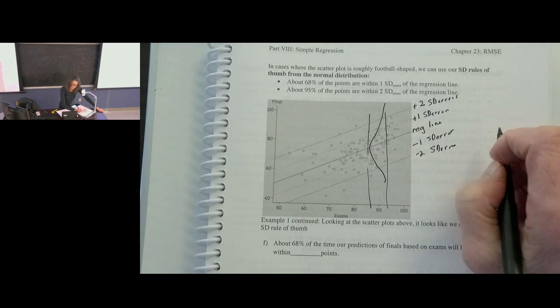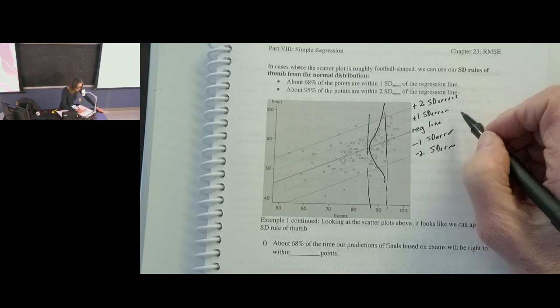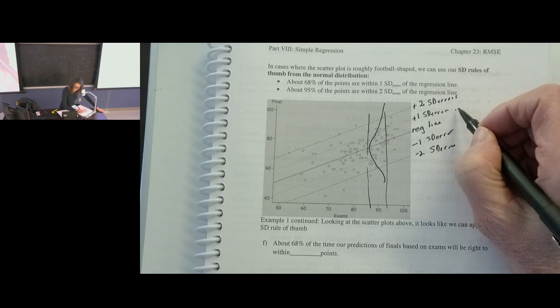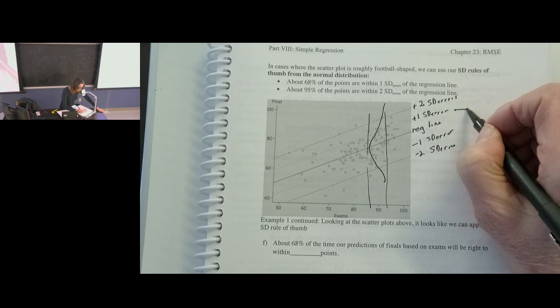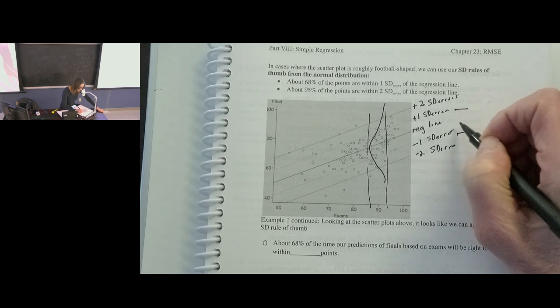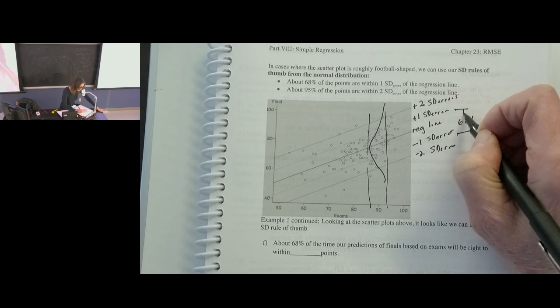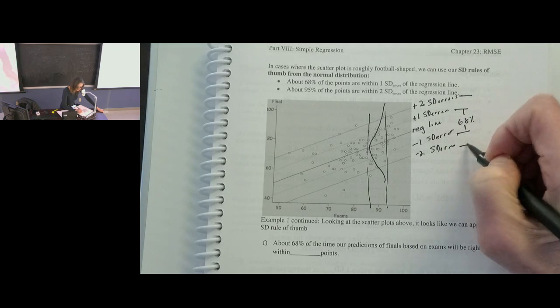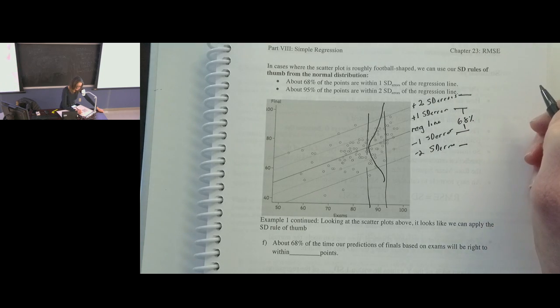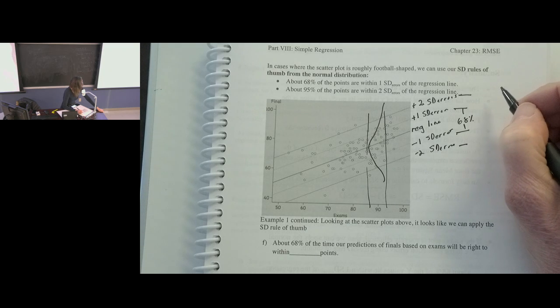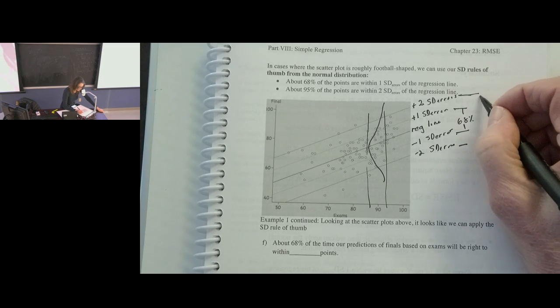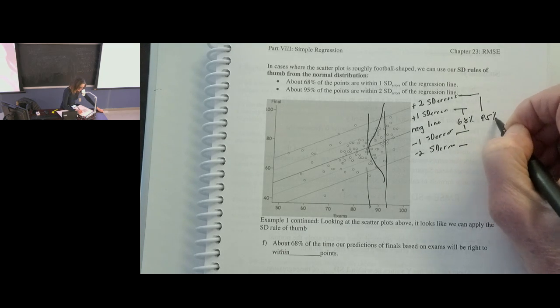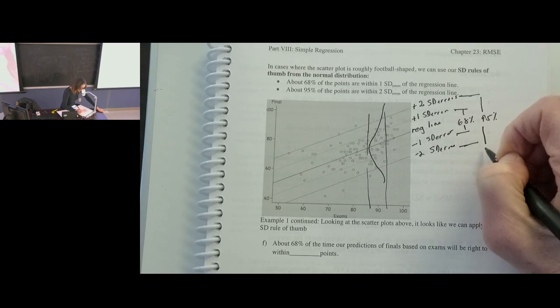So when you have something like this, then you can say between 1 and -1, 68% of the points are about, and between 2 and -2 would be 95% of the points. It would look like that.